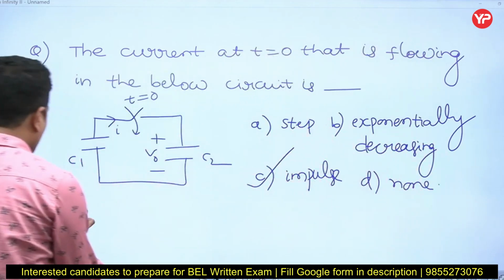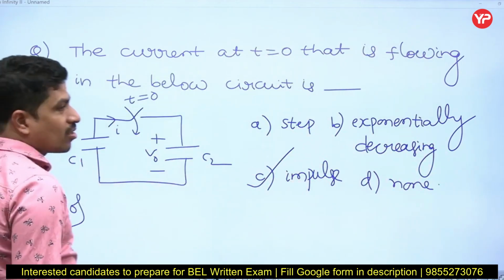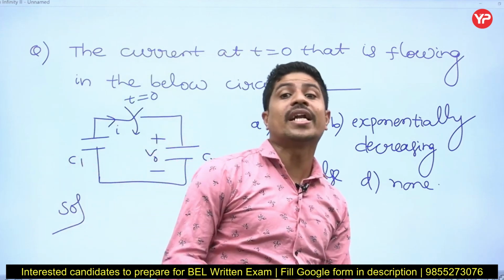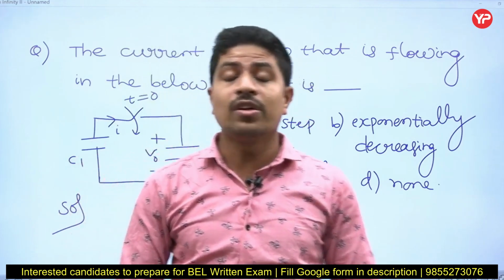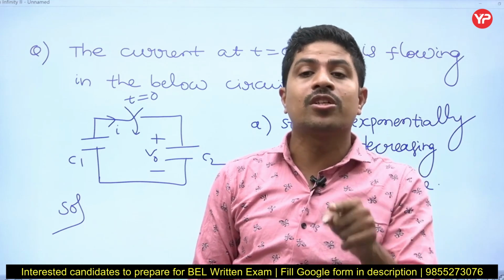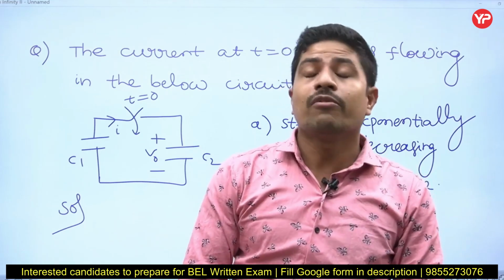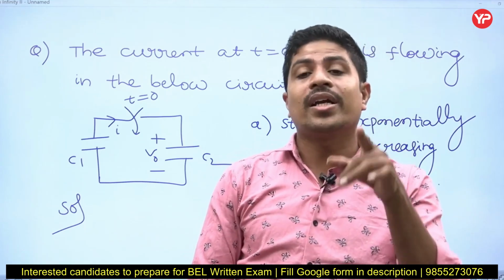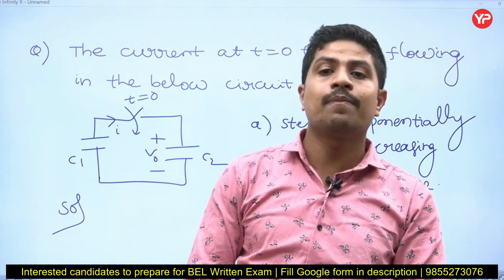Sir, how is it impulse? As the time constant is 0, within 0 time it will reach steady state. Which input will charge a capacitor within 0 time? Impulse input. Which input makes the current through the inductor change suddenly? Impulse.